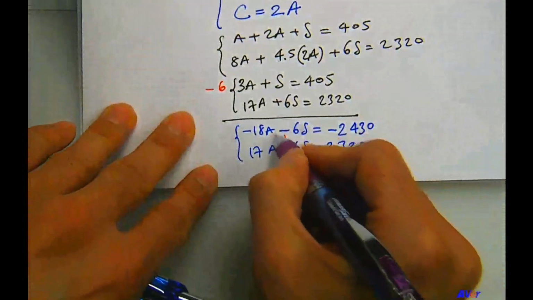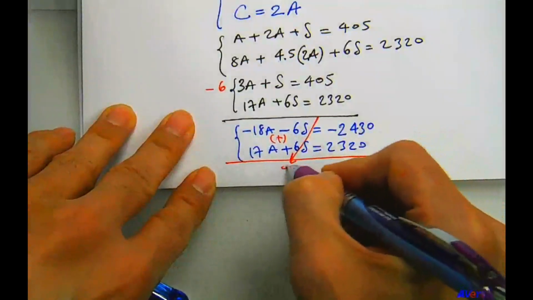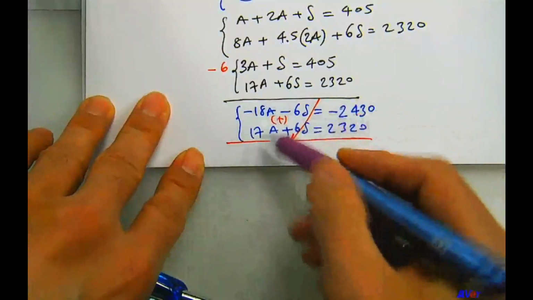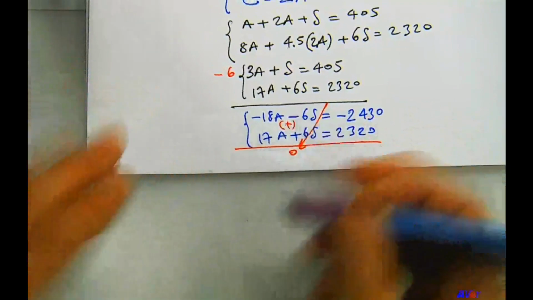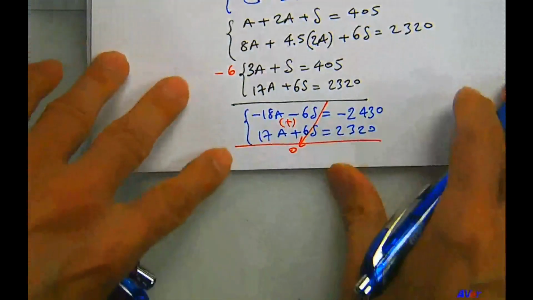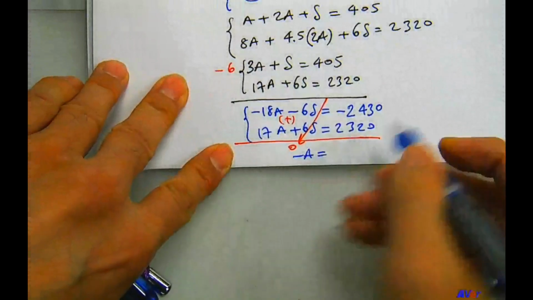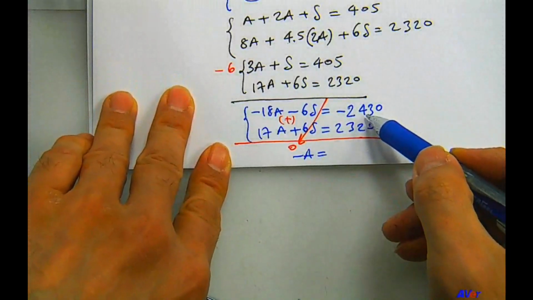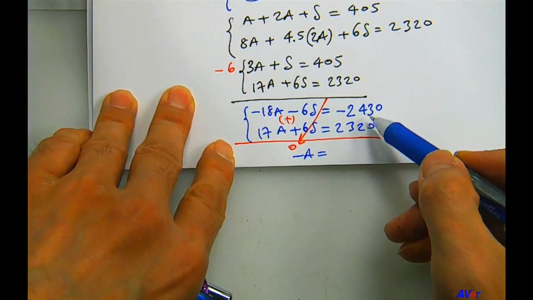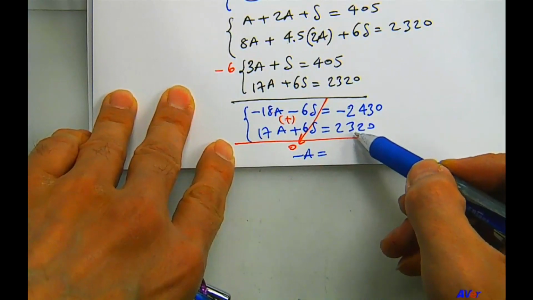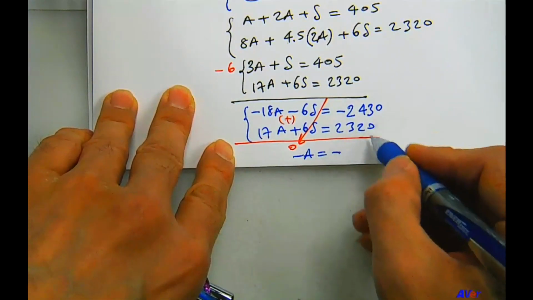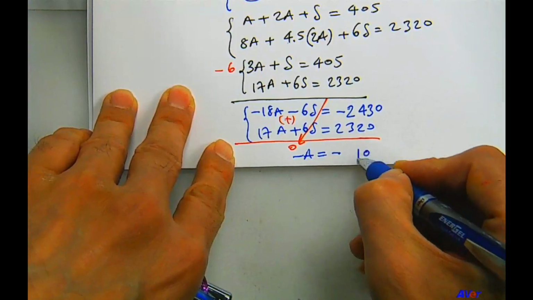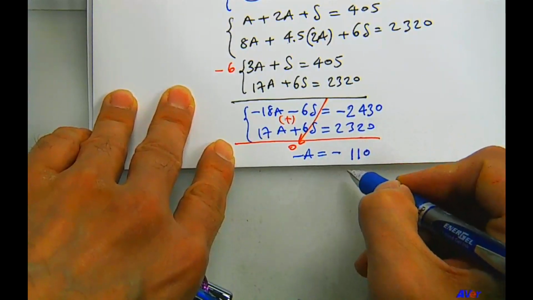Let's add these two equations. The S terms drop out. Minus 18A plus 17A, that is minus A equals minus 2,430 plus 2,320. That's minus 110.